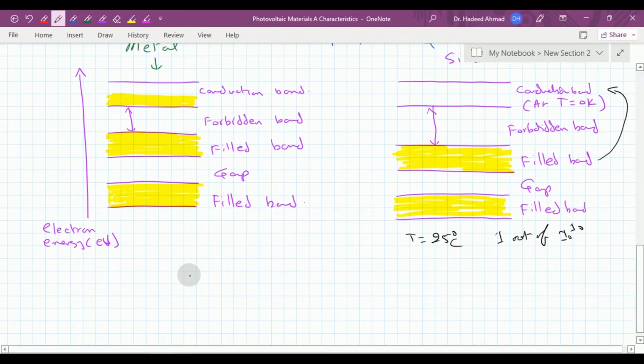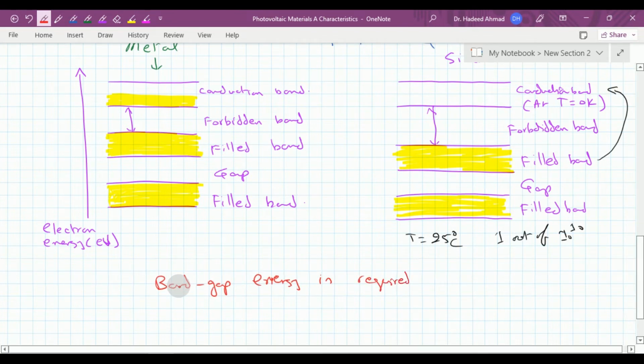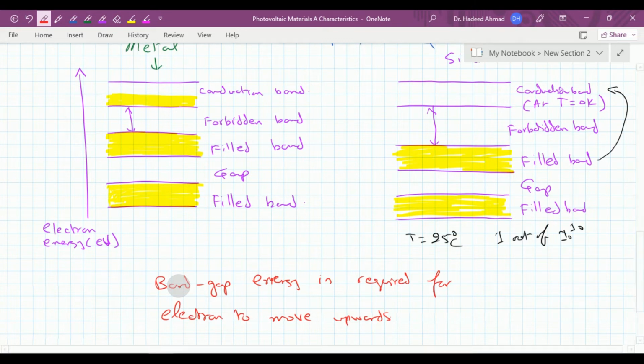So I can say that this band gap energy is required for an electron to move upwards, and this band gap energy is known as Eg.